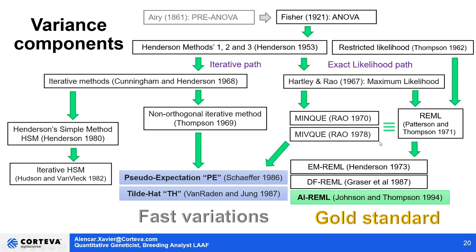Very nice framework, but with a very dense matrix notation. At the same time, Patterson and Thompson were working towards providing more and more insights, making REML a more clear approach to pursue.